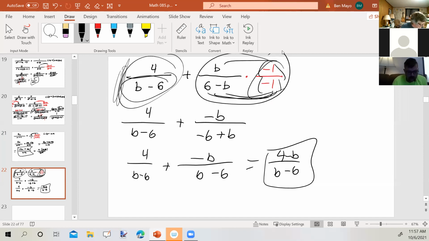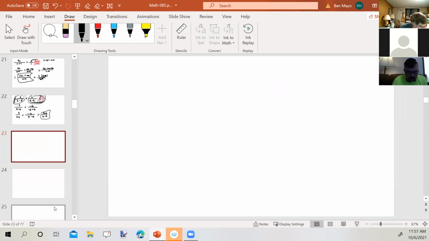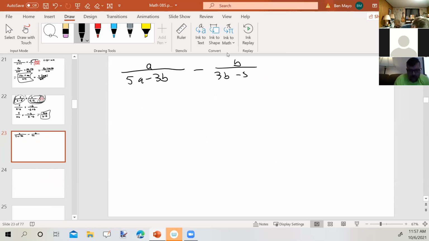Let's take a look at another one of these. a divided by 5a minus 3b minus b divided by 3b minus 5a. So again, I notice that the denominators are opposites. So I'm going to leave the first fraction alone.